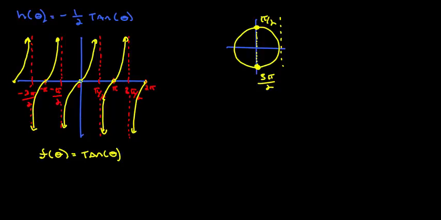Now we can do the negative or the 1/2, whichever order you want to go in first. I'll do the negative. So what I'm going to graph here is a different function. I'll say g of theta, which is equal to negative tangent theta. So this negative is a reflection, a flip on the x-axis.